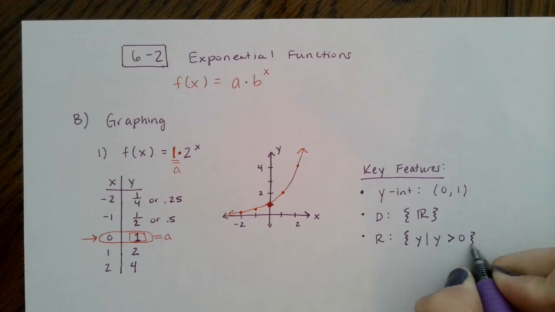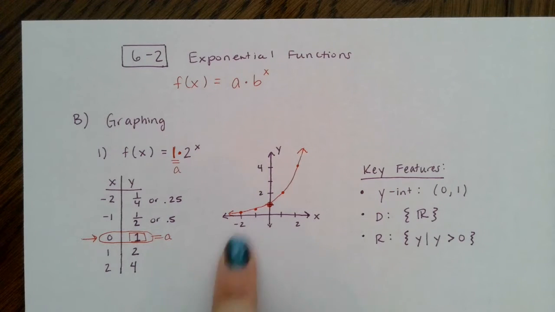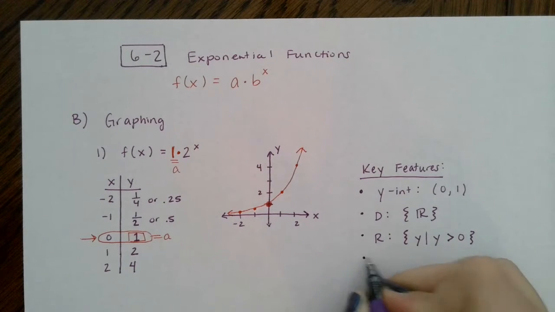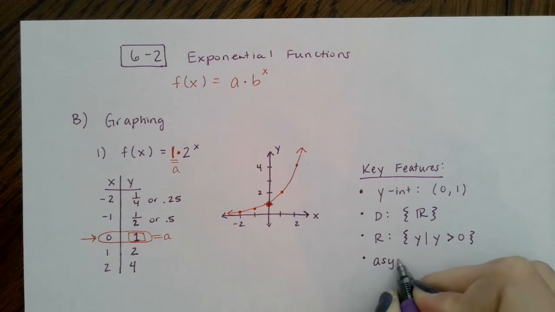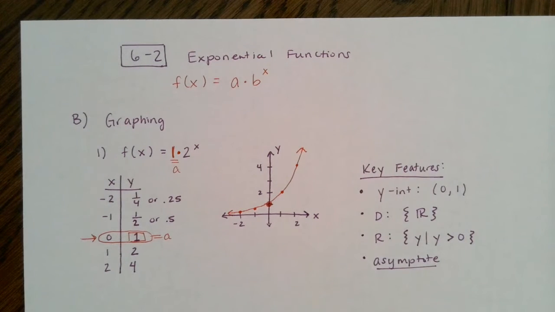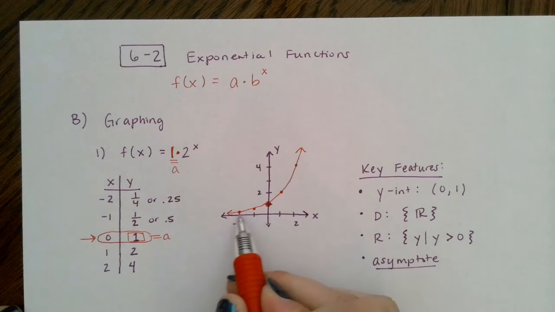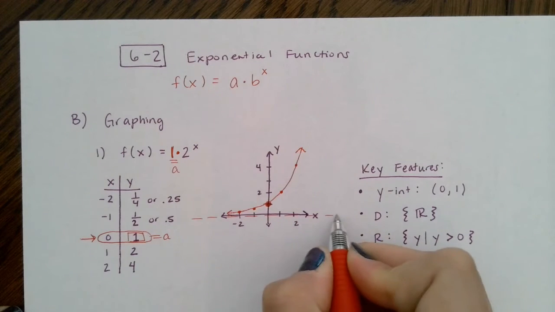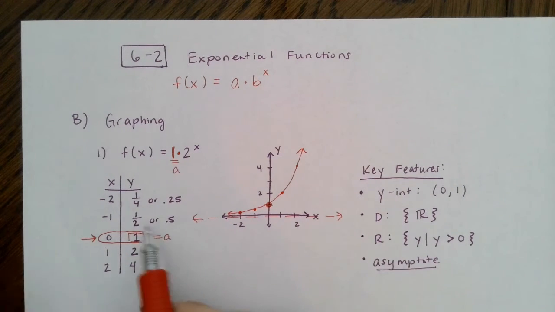The last thing I want you to identify is what's called an asymptote. An asymptote is just an imaginary line that the graph can never cross or touch. And since this curve can never cross or touch this x-axis, kind of like right in there, and that's because half of a fourth is an eighth and half of an eighth is a 16th, we're never going to get below 0 because we always have something to cut in half.